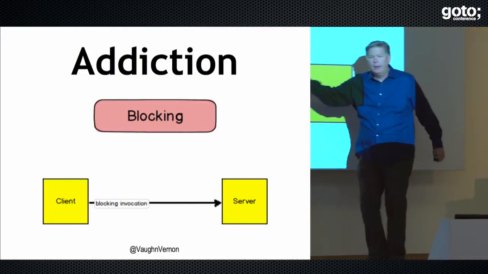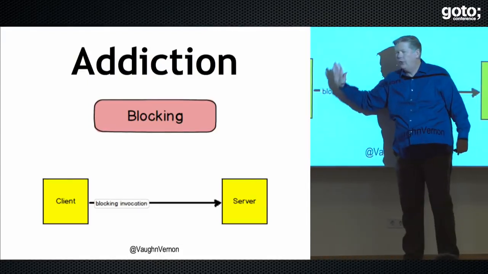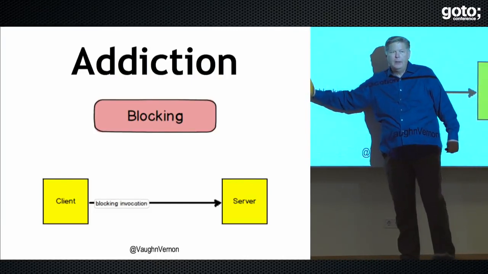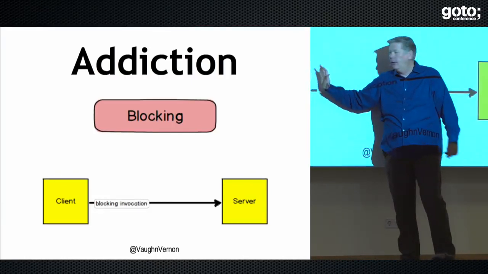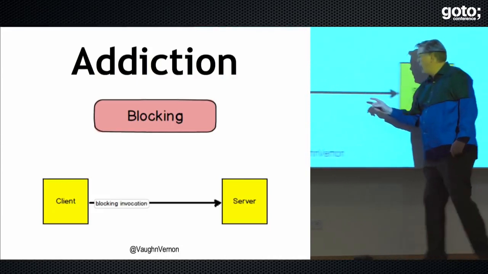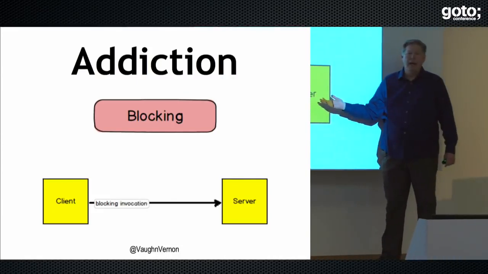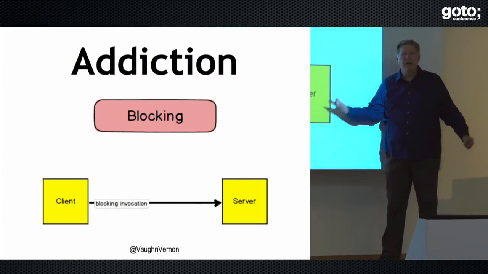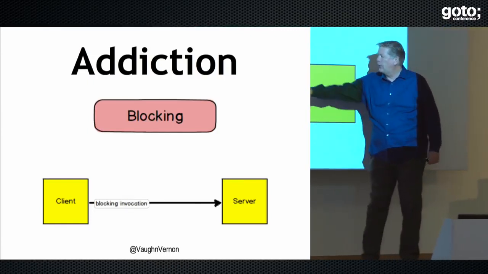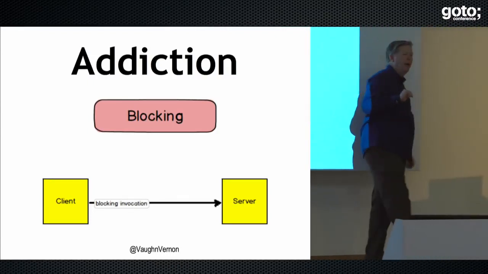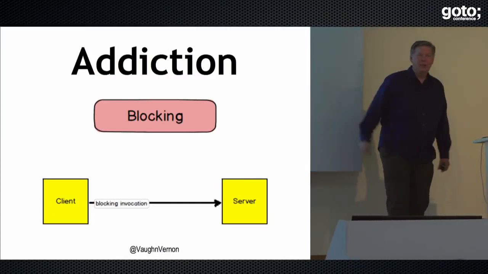A client object, not another system. I'm just talking about a Java object or whatever kind of object in some VM making a method invocation on another object. Let's call it a server because it provides some service. And this is a blocking invocation. And you know what? We just feel awesome about that, don't we?